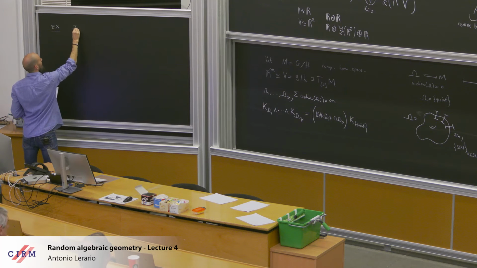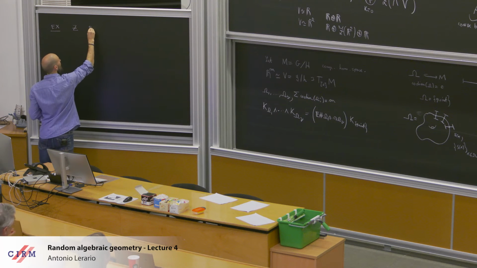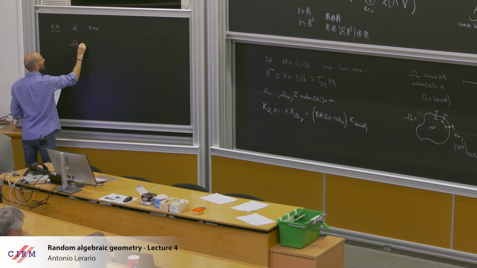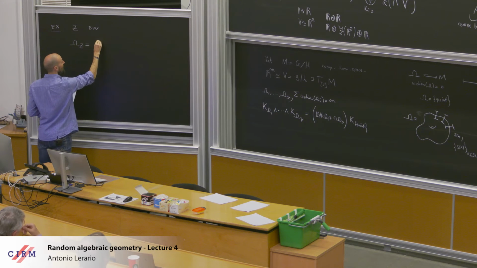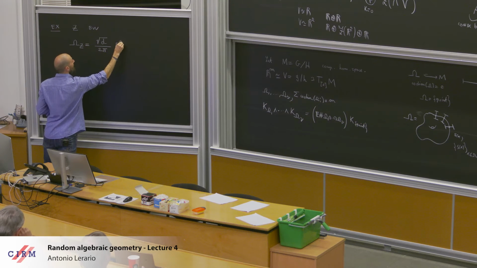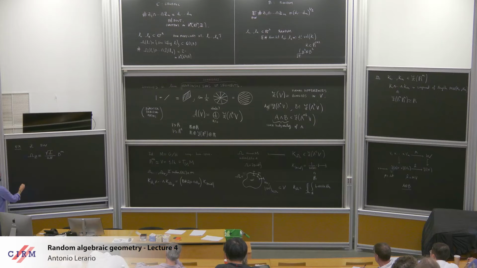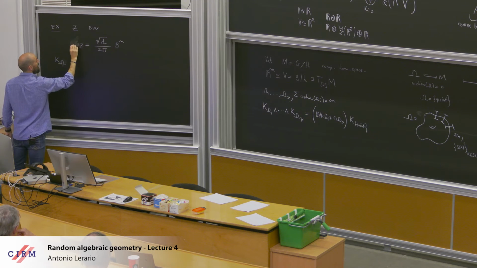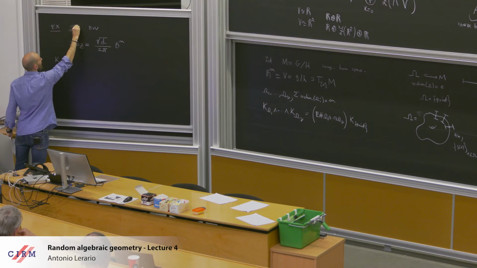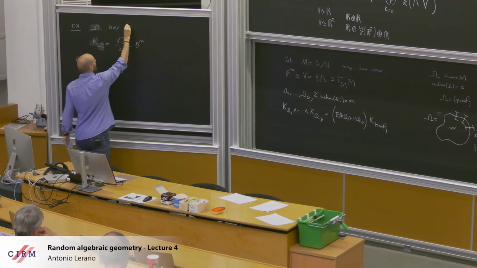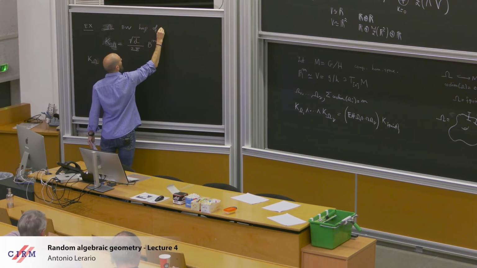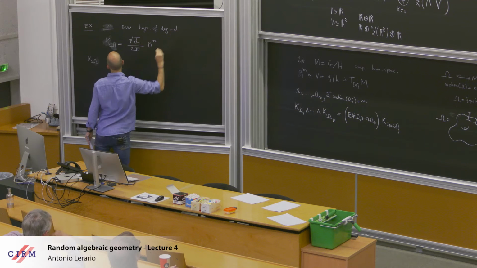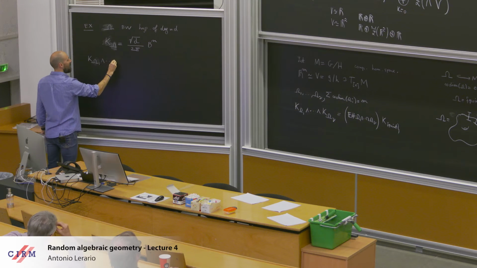If you take Z, which is now a random Kostlan hypersurface of degree d, I claim that omega Z, you have to do just a computation, is square root of d divided by 2 pi times the ball. Well, then just apply the thing. So intersect, not omega of Z, sorry, this is the zonoid associated to it. Let me call this omega, not to make confusion. Then you have this identity.